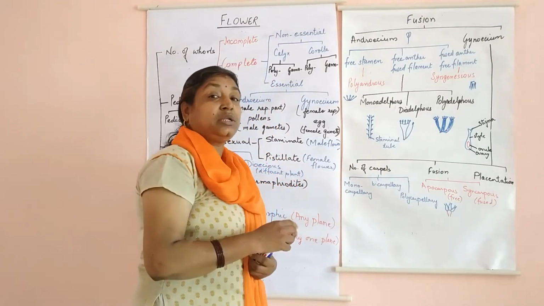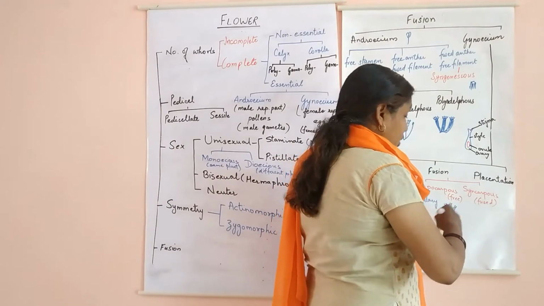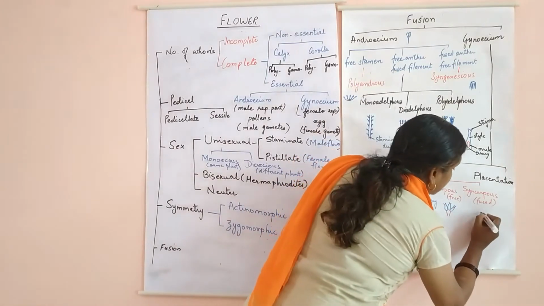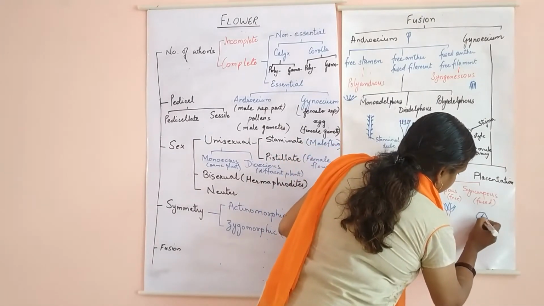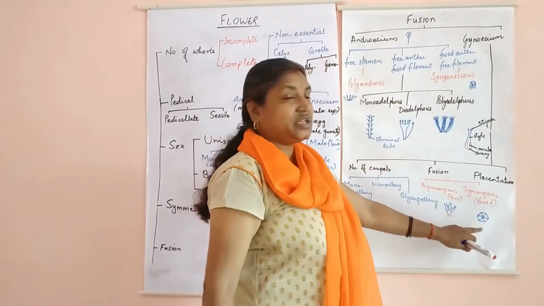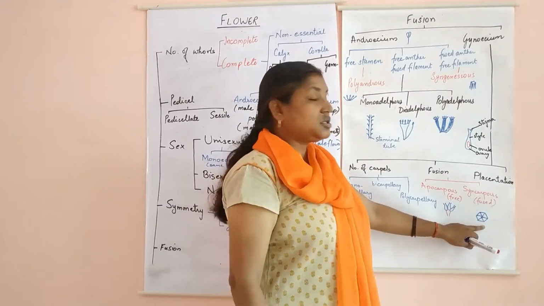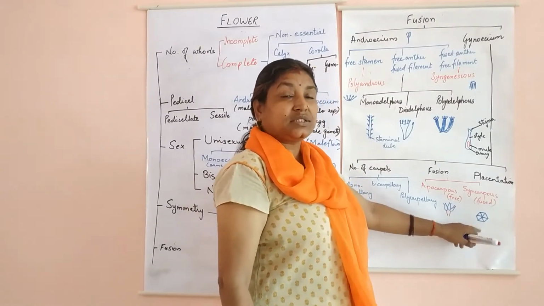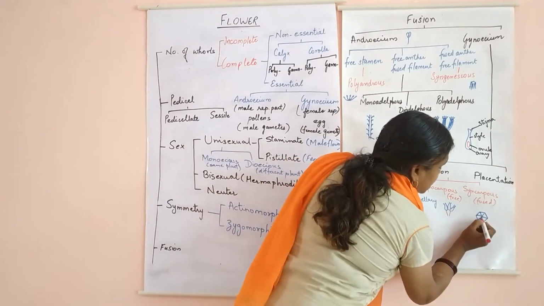For example, in lady's finger. All of you have seen lady's finger? This is how it looks when you cut the lady's finger. Inside this structure, you will have seeds.